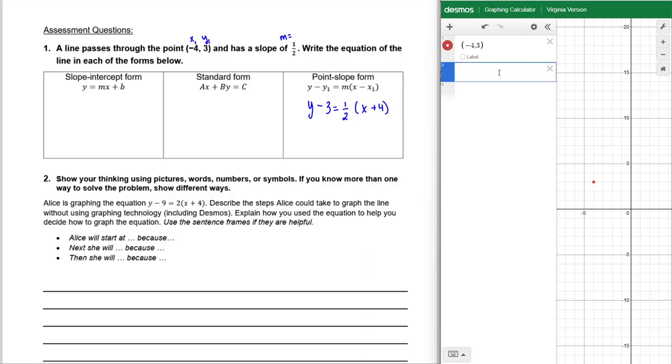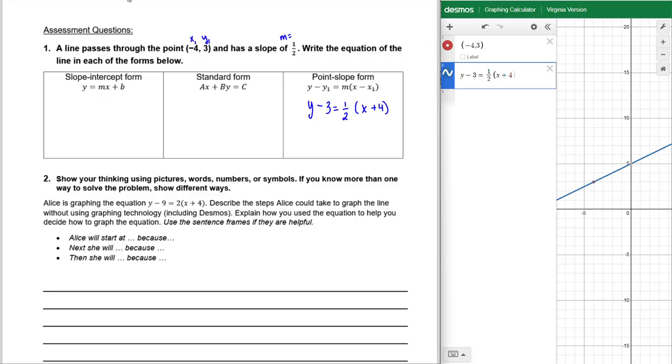Okay, so let me go ahead and graph this and see if it all works out. It has to go through the point, and it has a slope of 1/2. Yep, 1/2, that is the slope. Okay. So from here, I'm going to take it to slope-intercept form.